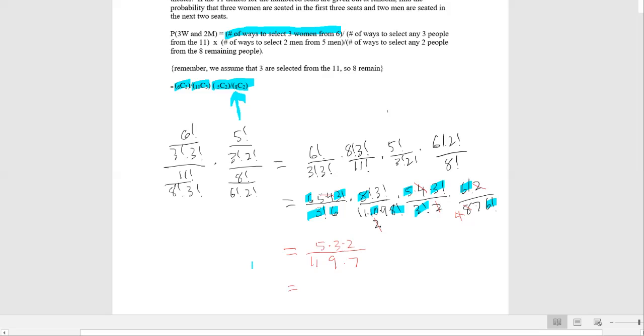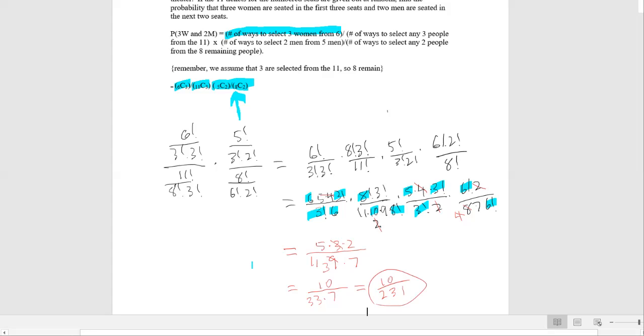Get rid of that 3 with the 9, so this is 10 over 33 times 7, which is 231. So 10 over 231. Okay, went through that kind of quickly, but that should be our answer: 10 out of 231.